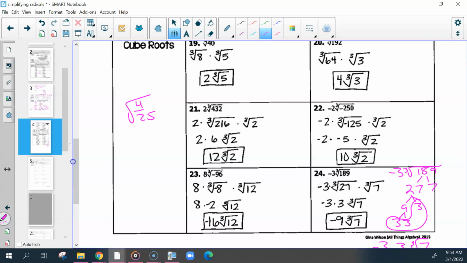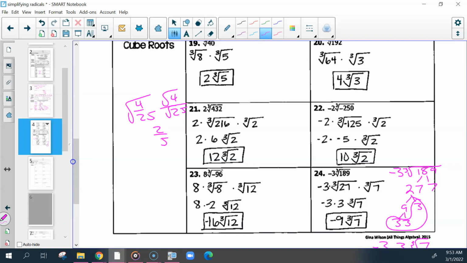If you have something like this, this is the same thing as taking the square root of 4 over the square root of 25. The square root of 4 is what? 2. The square root of 25 is what? 5. You have 2/5 instead of a decimal.